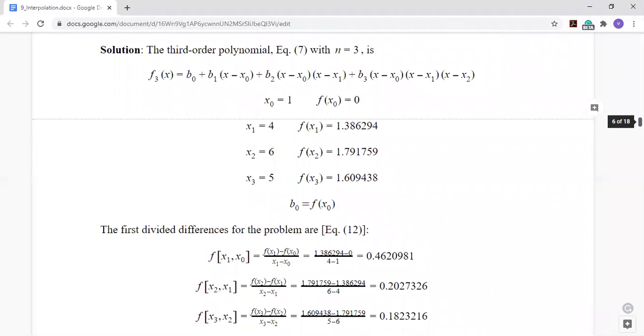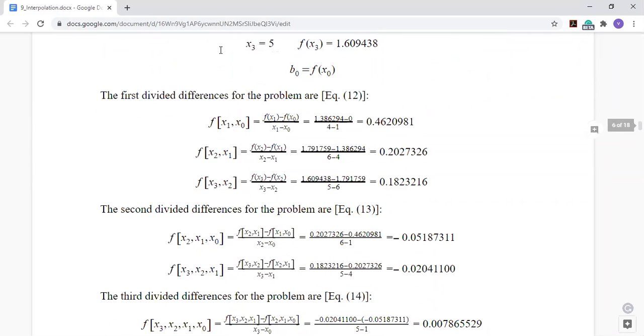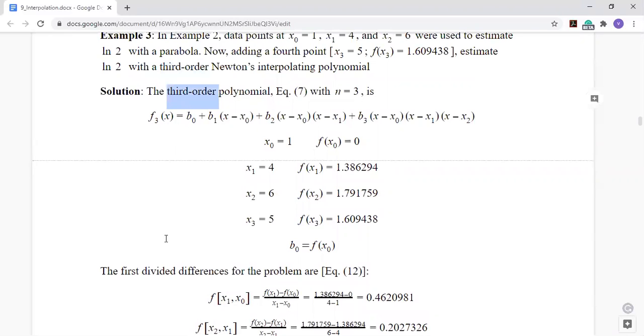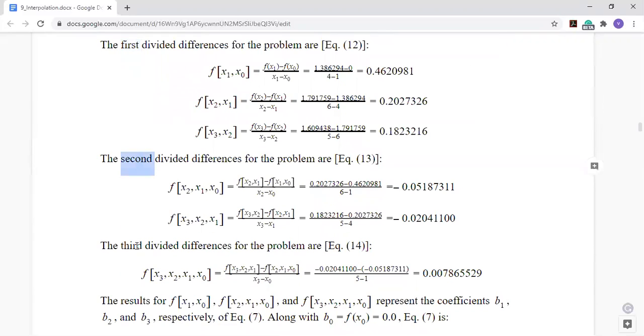In order to get these coefficients, because we are using Newton's finite divided difference, we need to get the first divided difference, the second divided difference, and the third divided difference, because we're using a third order polynomial.